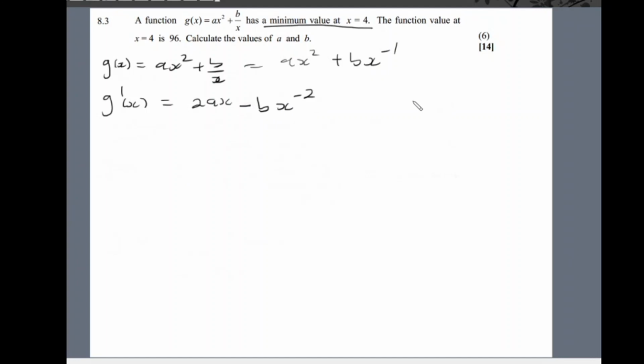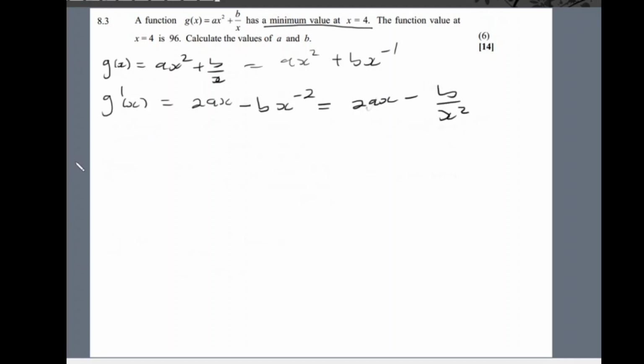I'm simply applying the rule which says if f of x is x to the power n, then f prime x will be equal to n times x to the power n minus 1. Simplifying this, I'll have g prime x equal to 2ax minus b over x squared.